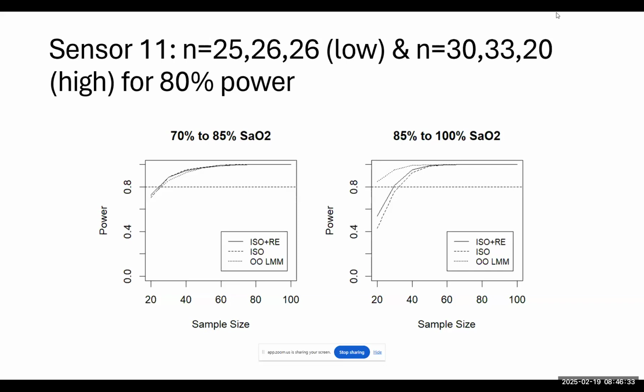And for this particular device, I would say that the sample size of 150 probably isn't needed. There's the law of diminishing returns as you go up, depending on how much power that you want. And this is typical of what we saw, but there were some cases where the power could be quite different across the approaches. And this is part of our argument for using simple ISO for this. Next slide.